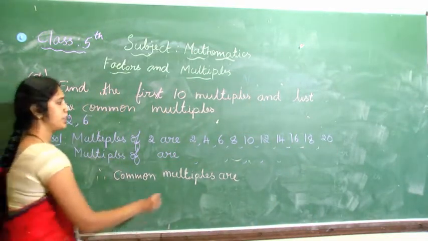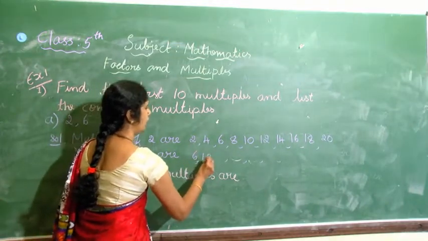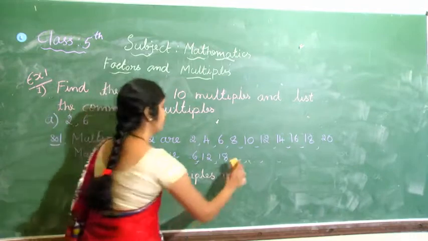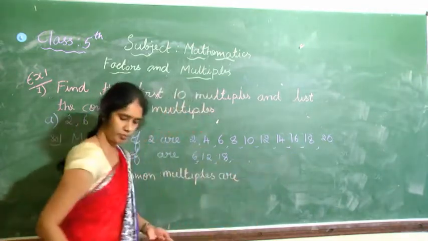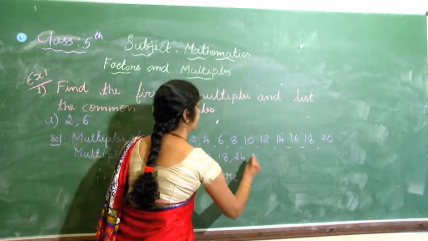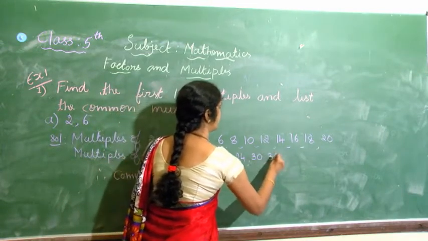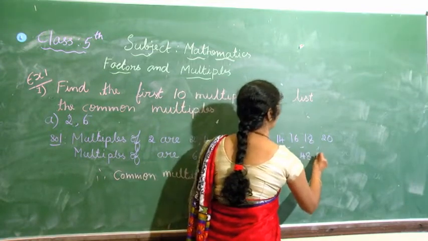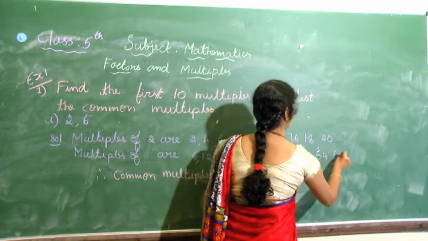Again the 6 table. 6 1s are 6, 6 2s are 12, 18, 24, 6 5s are 30, 6 6s are 36, 6 7s are 42, 6 8s are 48, 6 9s are 54, 6 10s are 60.